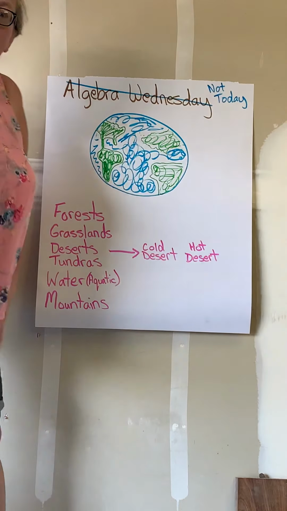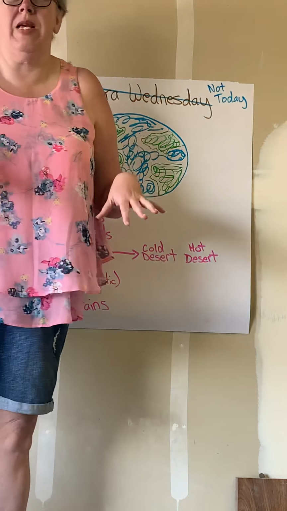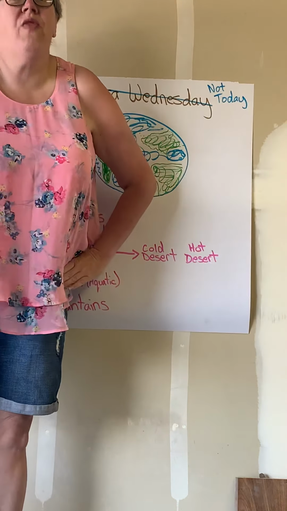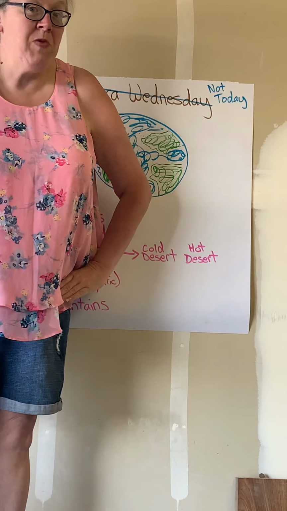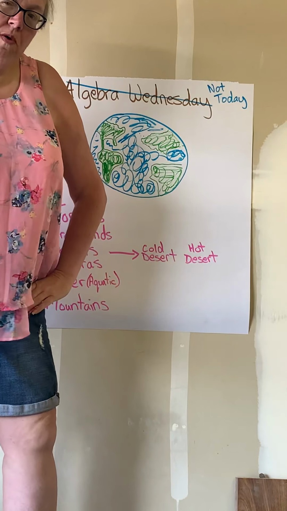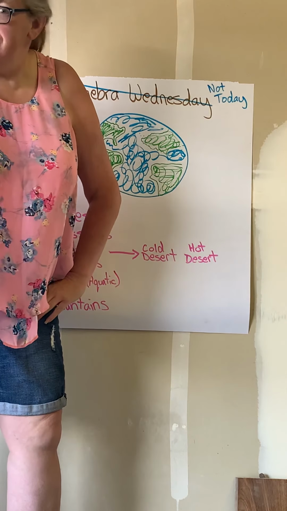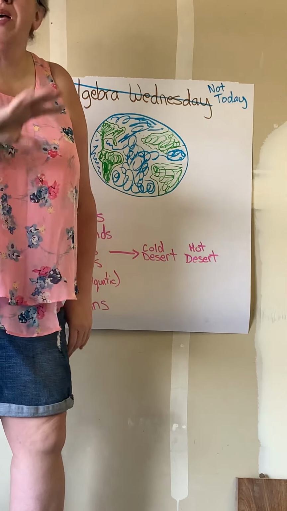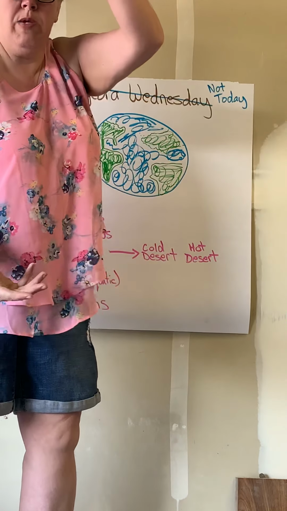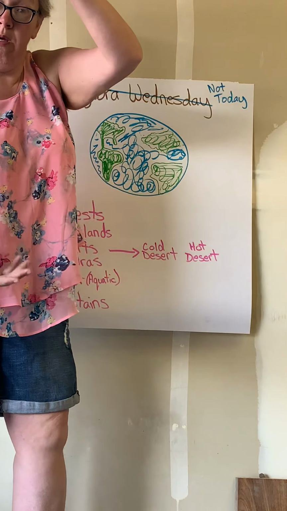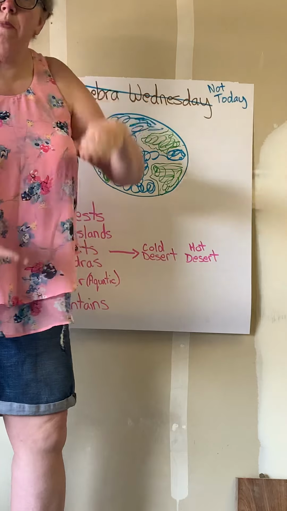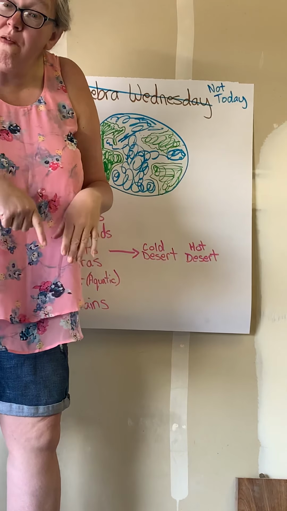Now I want to tell you about one of the most famous deserts that no one thinks is a desert. Have you ever heard of the North Pole? Yeah, a lot of you have. Well, there's a place called the South Pole. The North Pole's on the top of the planet. The South Pole's on the bottom. Yes, penguins live there.